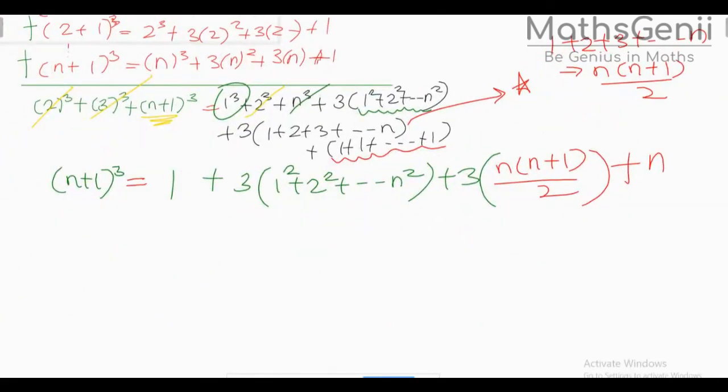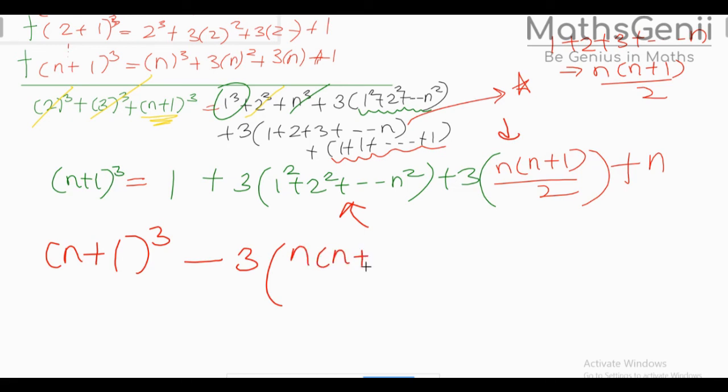Now let's go ahead. This means that this is what I want to find, right? This is what I want to find. So let's just keep this on this side, and let's bring all the other terms on this side. This plus comes this side, becomes minus.